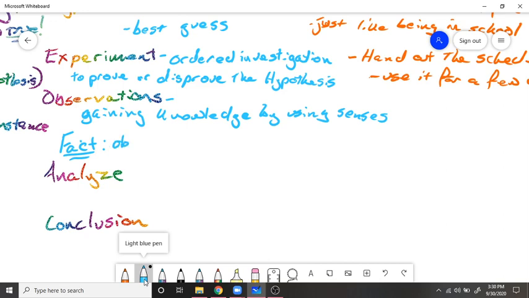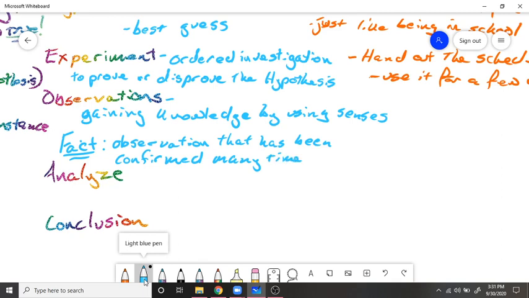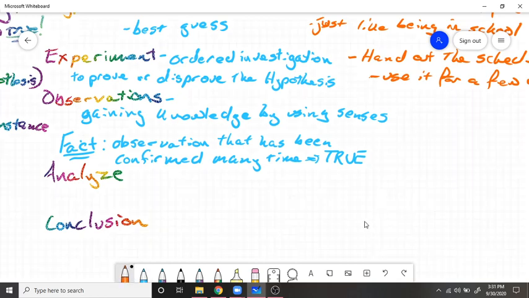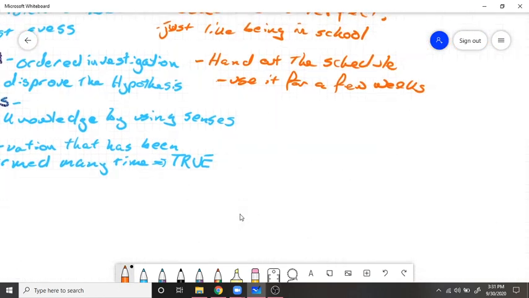A fact is an observation that has been confirmed many times. It's been confirmed so many times that we say it is true. A fact is an observation that has been made so many times that we say it is true.